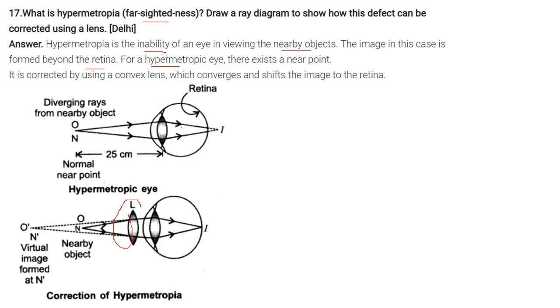Because the image is not formed at the retina but beyond it, 25 centimeters is the normal near point of a normal eye. But if we cannot view the image formed here, then we need to use a convex lens which will converge and shift the image to the retina.